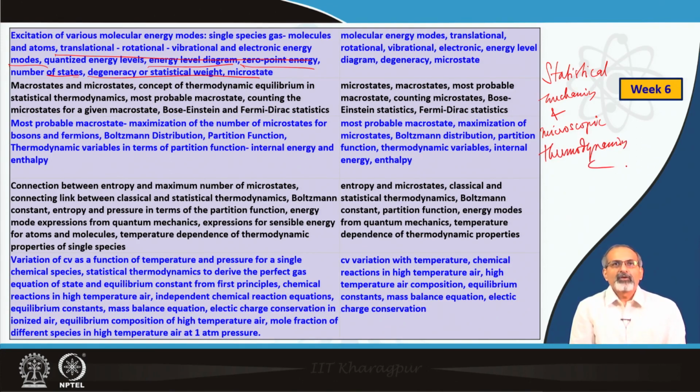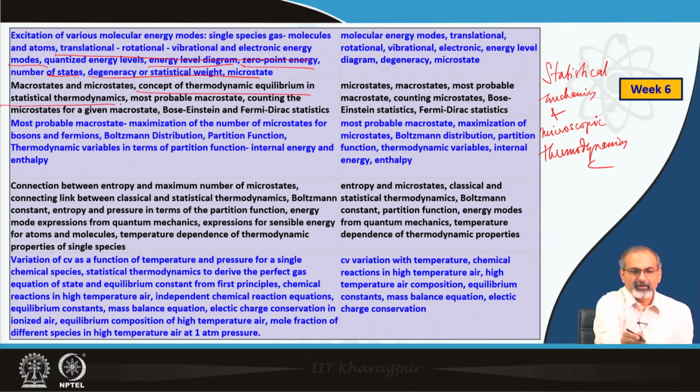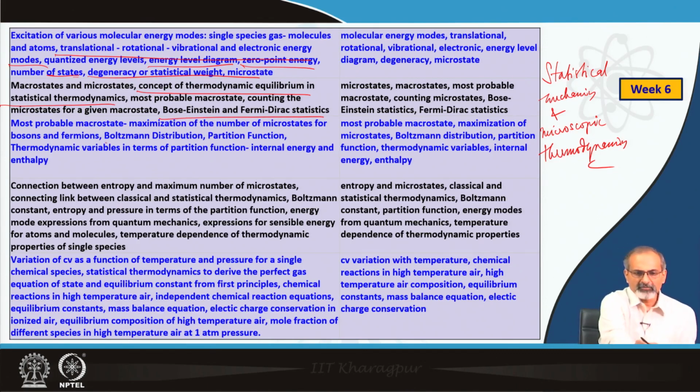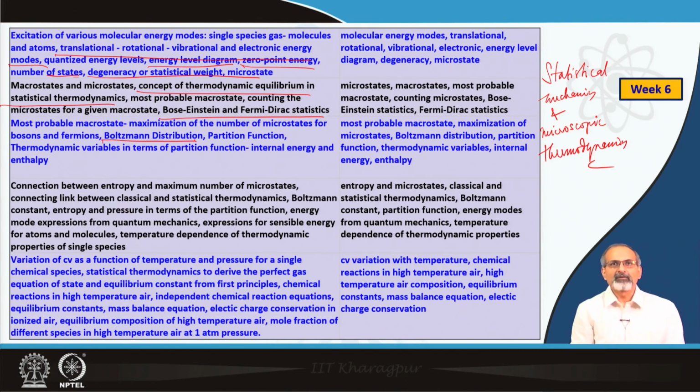We further moved on, we looked at concept of thermodynamic equilibrium in statistical thermodynamics, the most probable macrostate, counting the microstates for a given macrostate, and then we looked at the Bose-Einstein and Fermi-Dirac statistics, and then we saw that under some condition they do converge to the Boltzmann distribution, which is most often used for describing equilibrium.